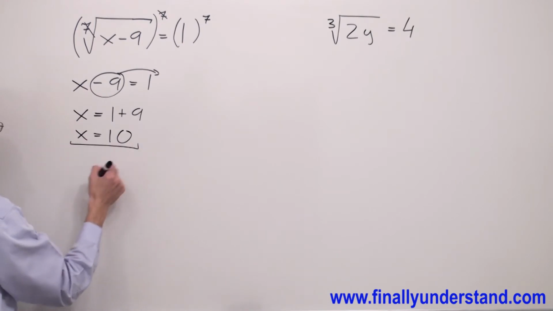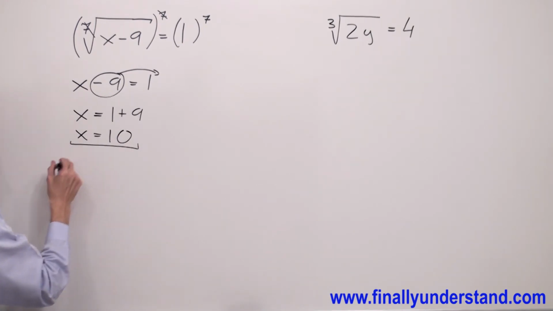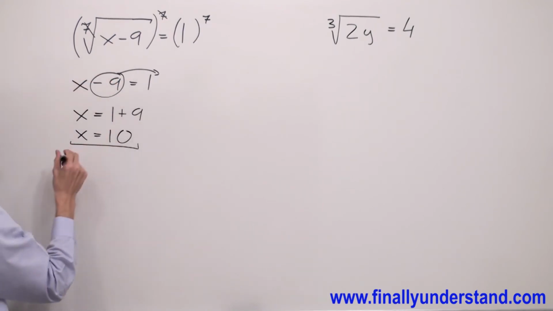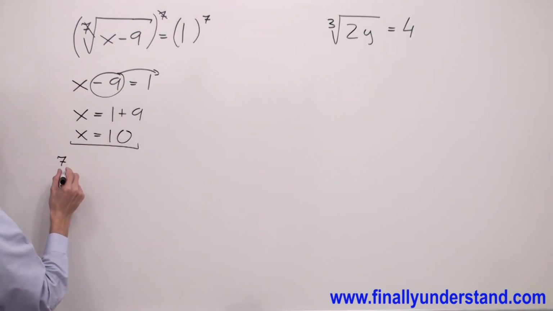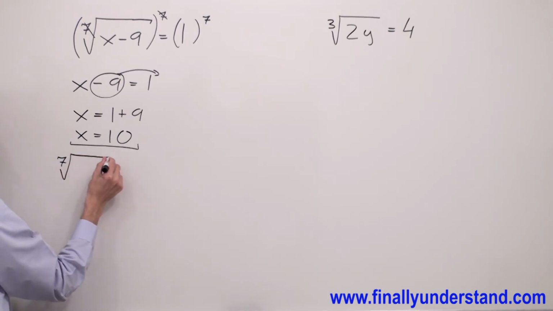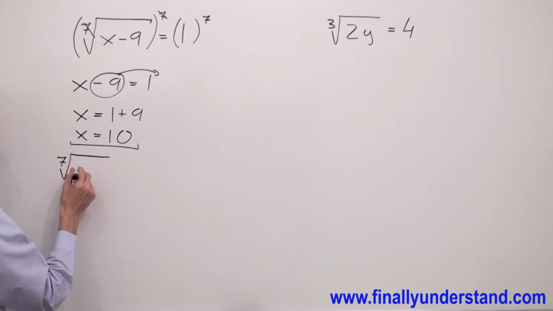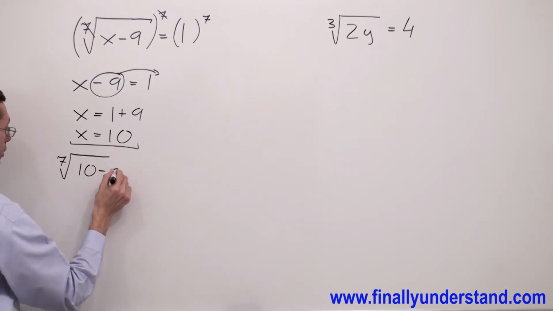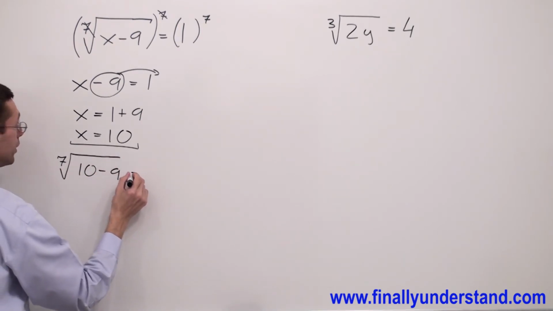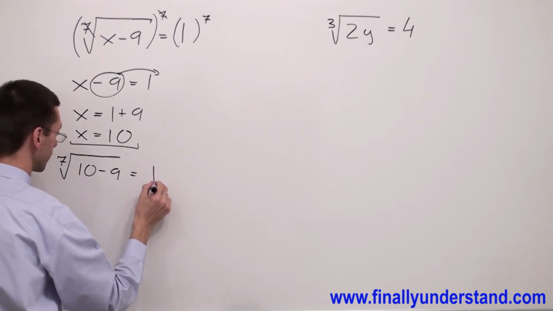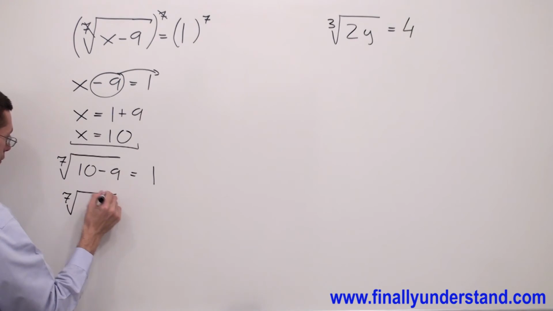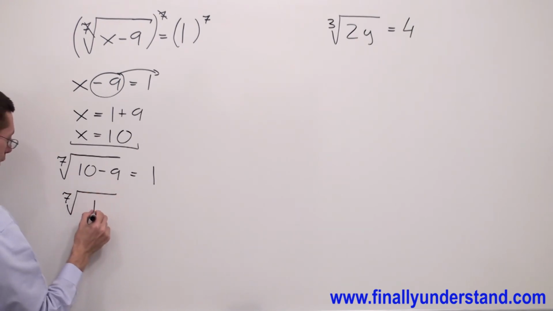Let's prove that this is the correct answer. I'm going to replace x in my equation by 10. I have the 7th root of x, which in this case is 10 minus 9, has to be equal to 1. The 7th root of 10 minus 9 is equal to 1.